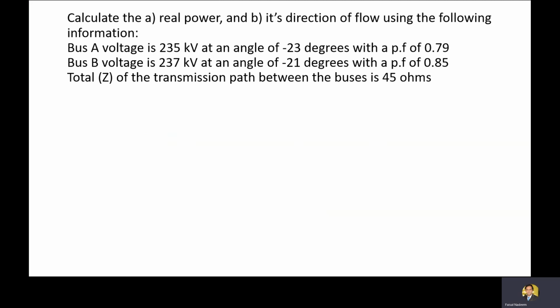Now, the value of voltage magnitude is higher at bus number B. The value of voltage magnitude is lower at bus number A. The angle is more lagging at bus number A and the angle is less lagging at bus number B. Now, as we know that the active power flow is dependent upon the angle difference between the voltages of the two buses.